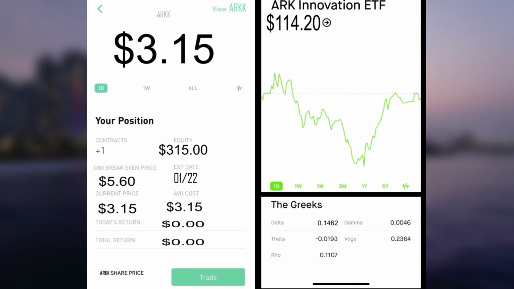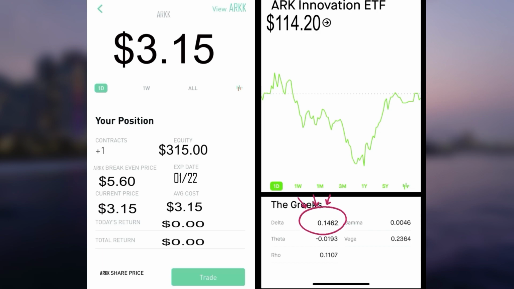So looking down at the bottom right, you see we have our Greeks starting with delta, gamma, theta, vega, and rho. Starting with the delta, as you can see, it shows 0.1462.